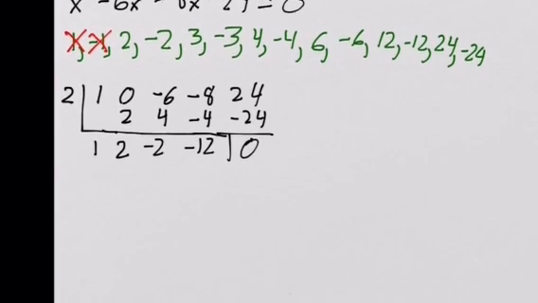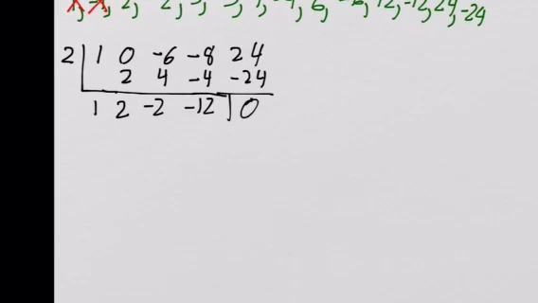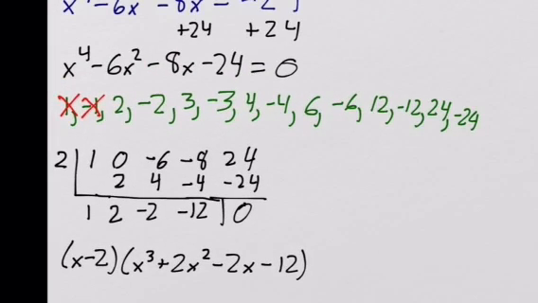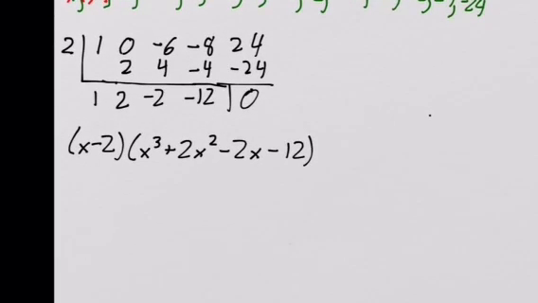So I now know, based on the factor theorem, that x minus 2 times x cubed plus 2x squared minus 2x minus 12 is a factorization of that polynomial we had to start with.